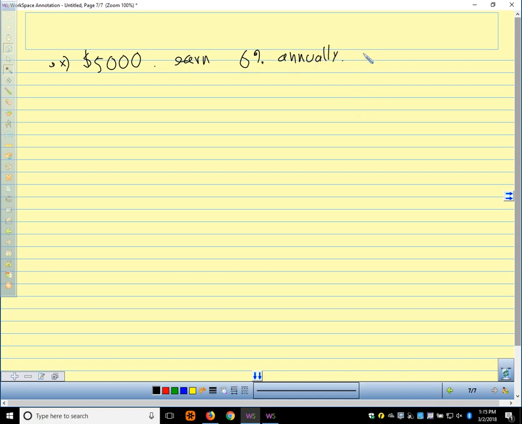We want to find how much we have after 10 years if we compound, and we're going to do several different versions just to compare. Compounded annually.